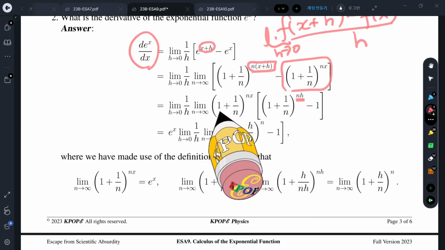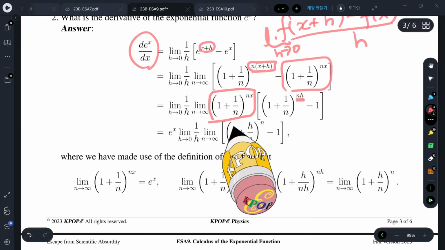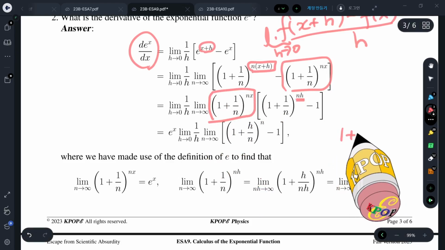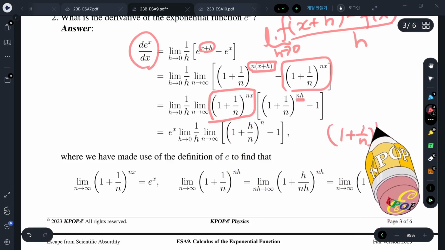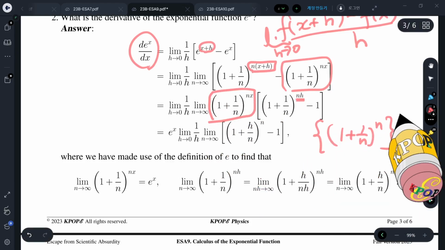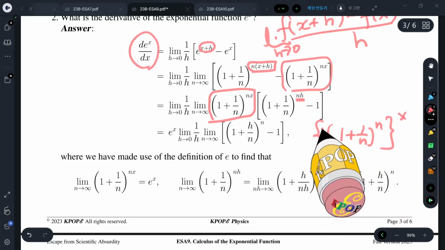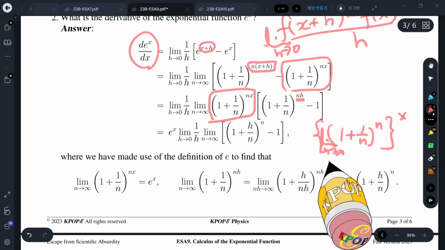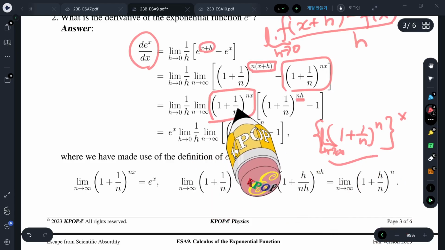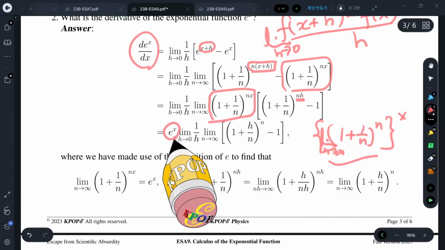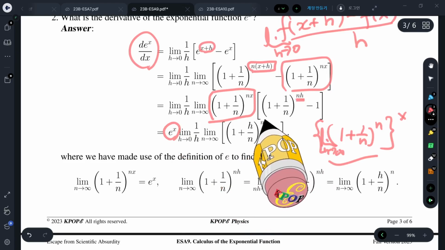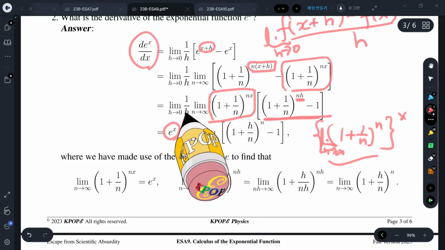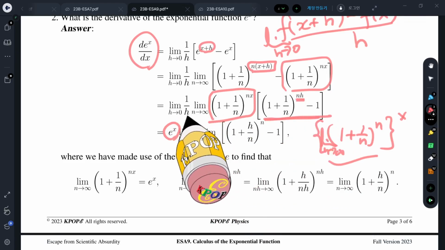As you know, by definition this is 1 plus 1 over n to the n, to the power of x, in the limit as n goes to infinity. This is again e. So e to the x is factored out, and what we have to compute is the limit of this, including 1 over h.